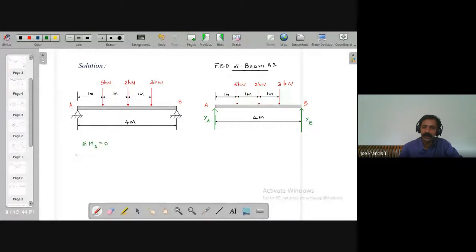Sigma MA equal to 0. Where do we start? Are you thinking, or is there some problem with the audio?